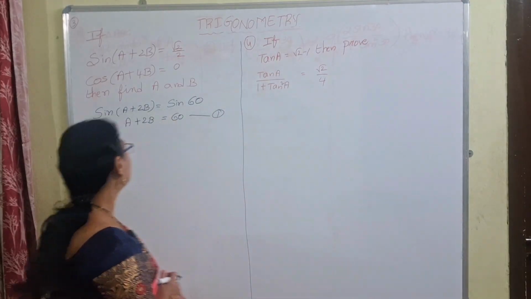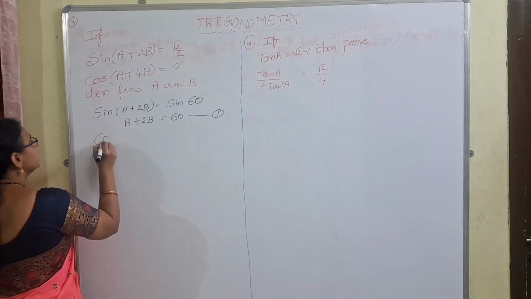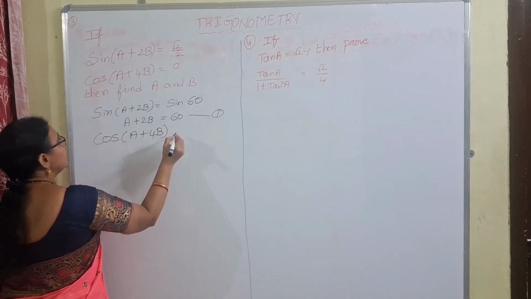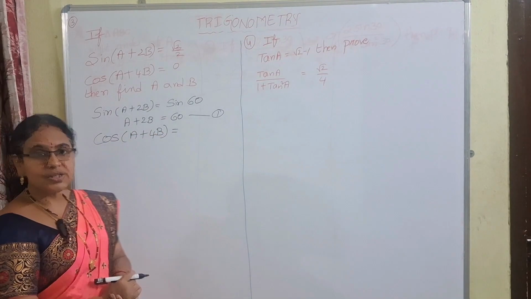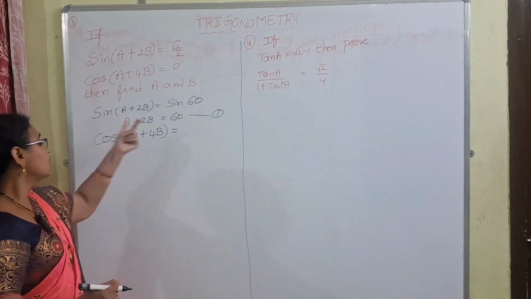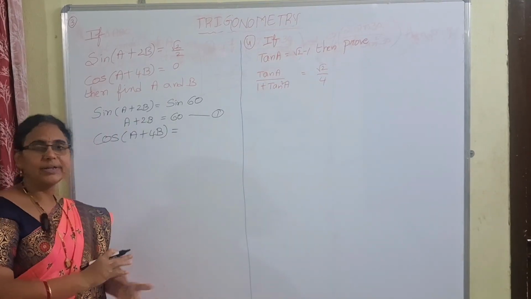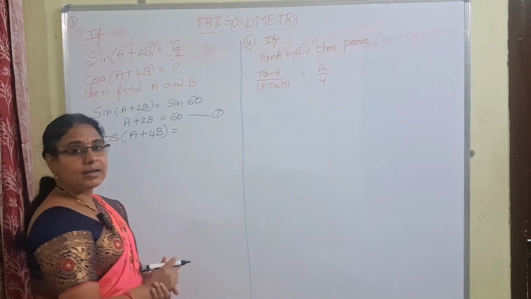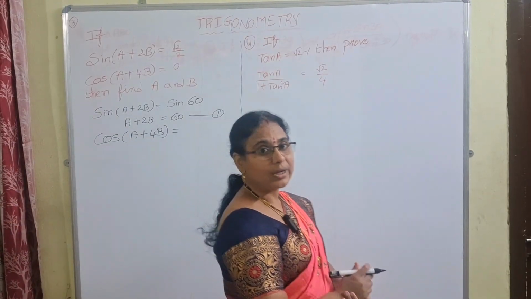Then come to the second one. What is given? Cos(a plus 4b) is equal to 0. Here we have cos, so write this side also in terms of cos. When will you get cos as 0?